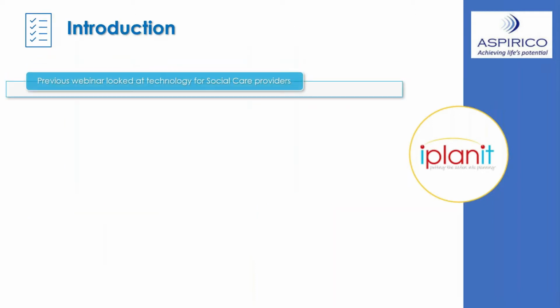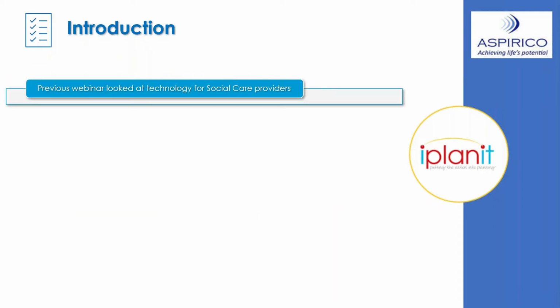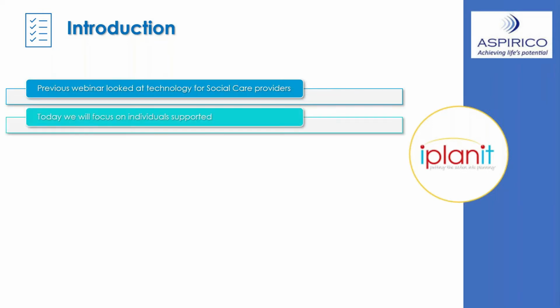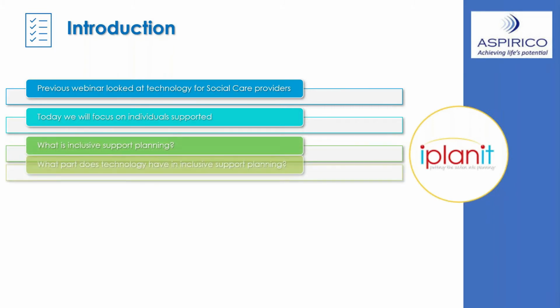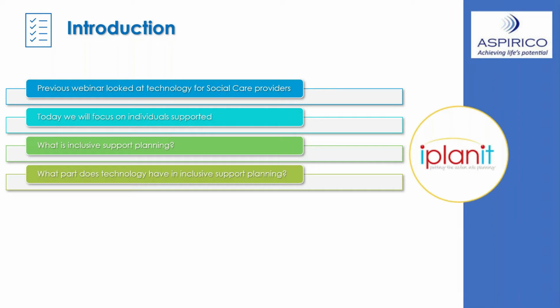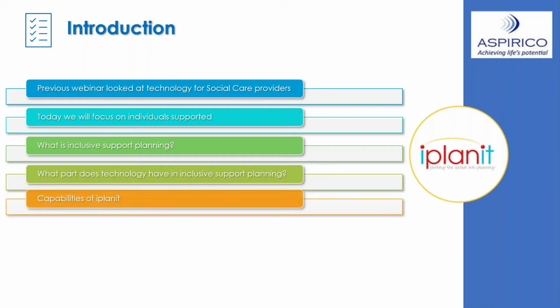So today, our last webinar, we looked at how technology is supporting social care providers, particularly during this uncertain time through coronavirus and new ways of working. This time, we're going to be focusing more on the individual supported, looking at what inclusive support planning is, and what role technology has in promoting inclusion in support planning.